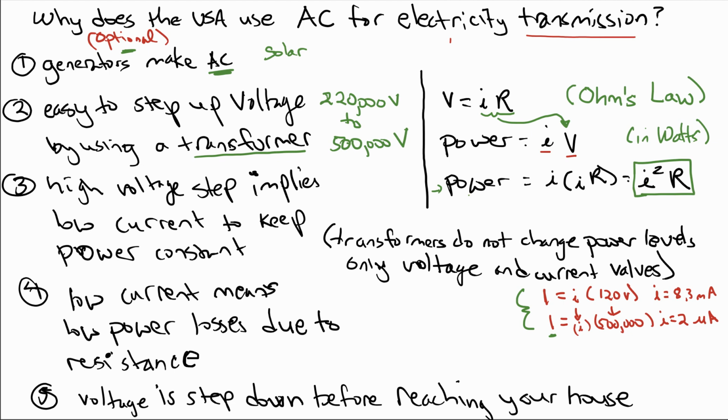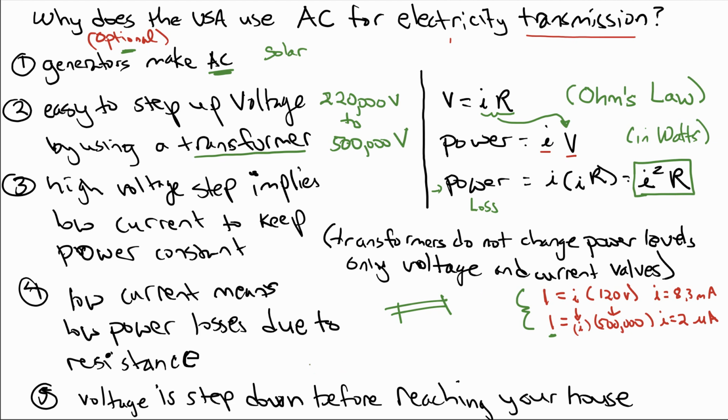And so the power loss, we could say this is the power loss, is now going to be this tiny current times the resistance. So the transmission lines that you see, the overhead ones, they do have some finite resistance. It's low, but it's still there. So if they can make the current very tiny, then the power loss over a given length of transmission line will be less, okay?